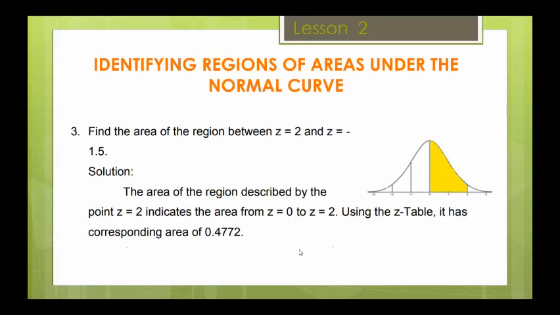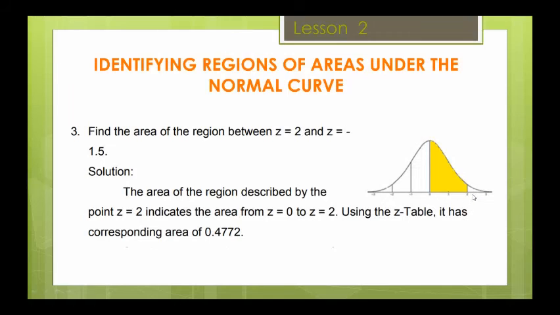And then we have another example. Find the area of the region between z is equal to 2 and z is equal to negative 1.5. So the solution here is, 1.5 is in between 1 and 2. The area of the region described by z is equal to 2 is from the median, from 0 going to the right, up to 2.